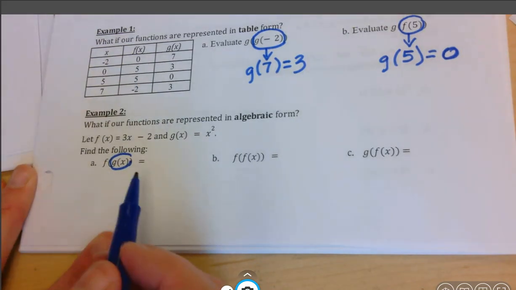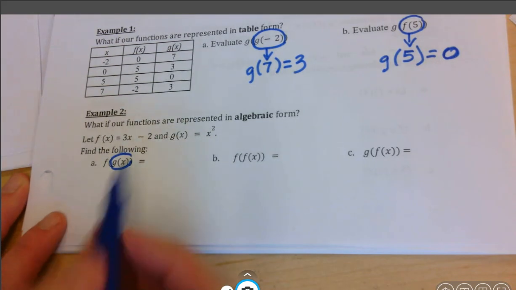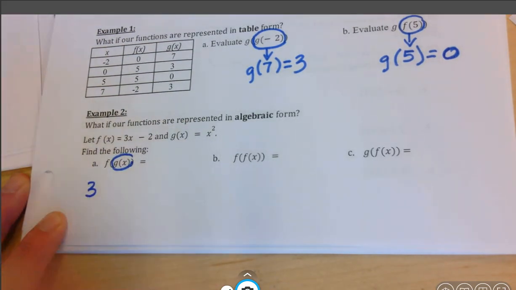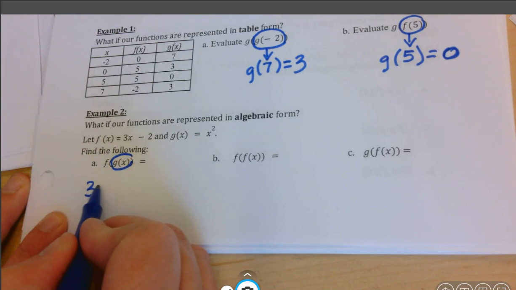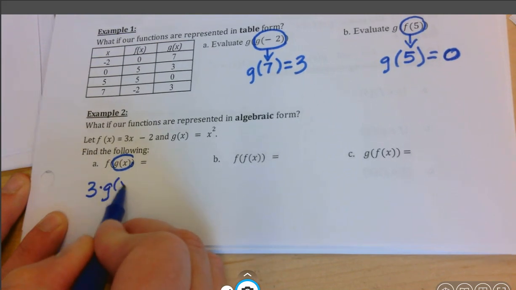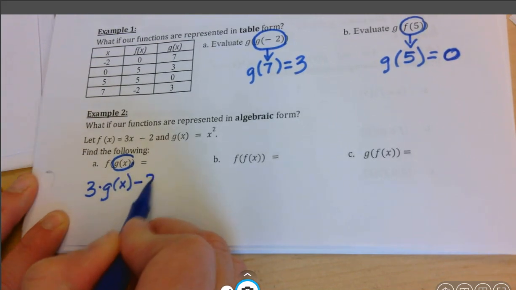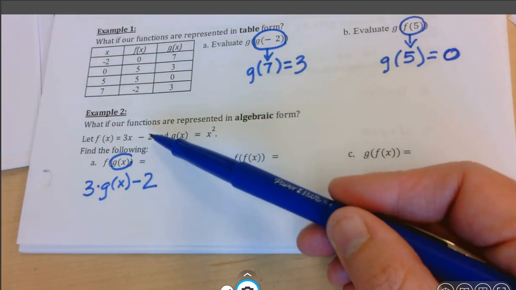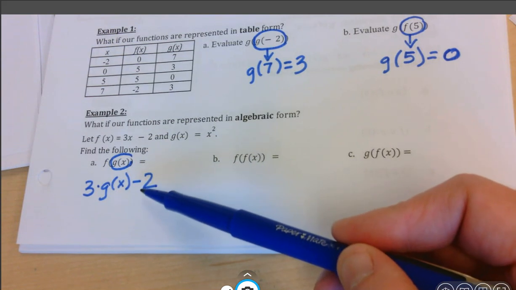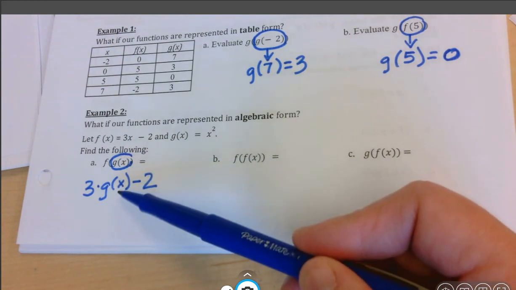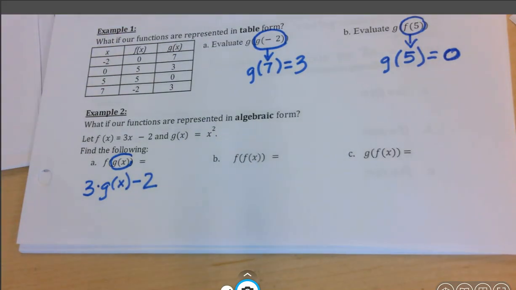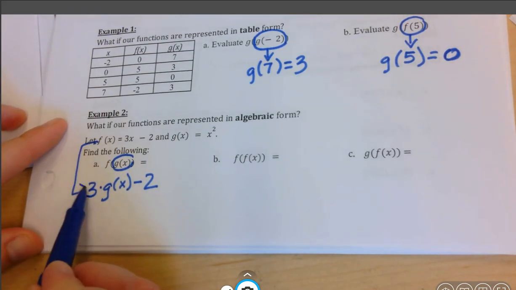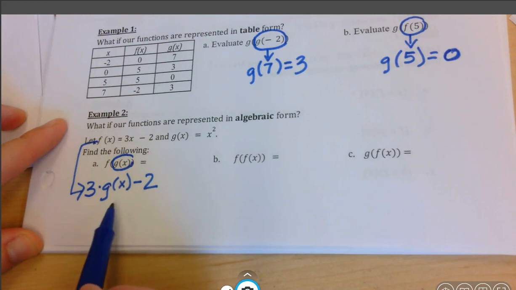So my outside function is f. And so I have 3, instead of the x, I'm going to put g of x, minus 2. I'm writing the function f down here, but instead of the x, I'm putting g of x.